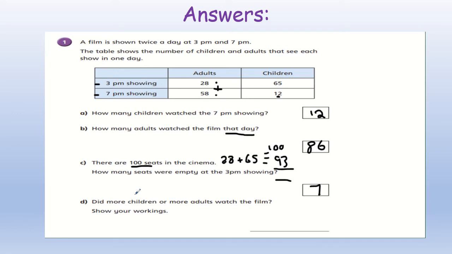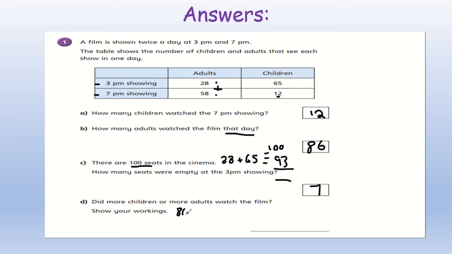And then we want to know, were there more children or more adults watching the film? So we already know there were 86 adults that day, so we need to work out how many children there were.